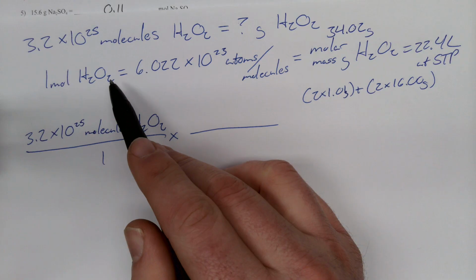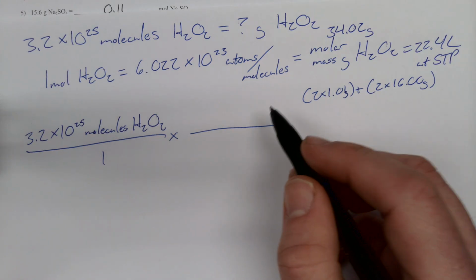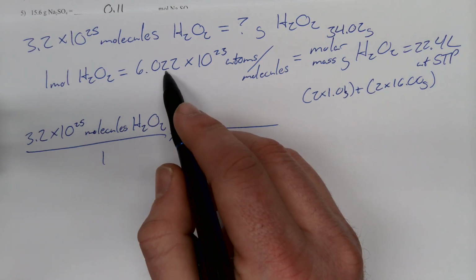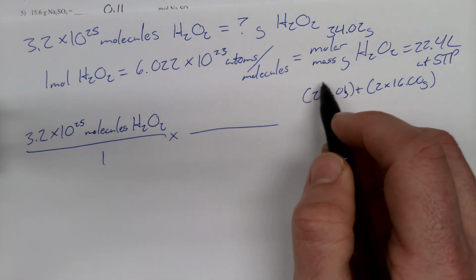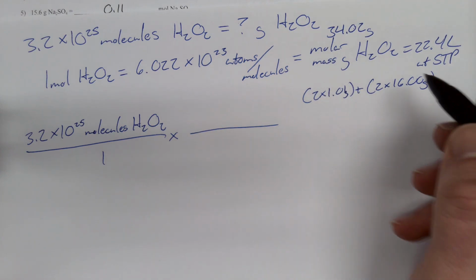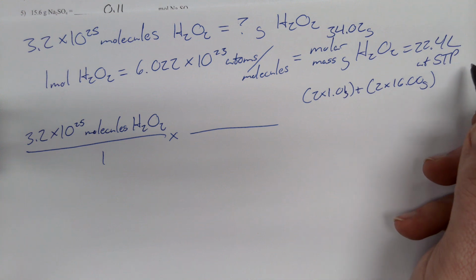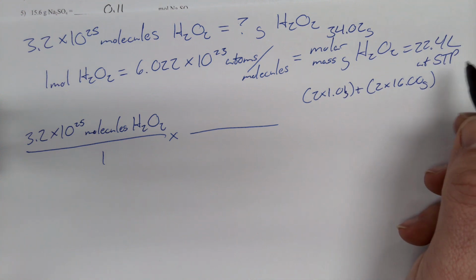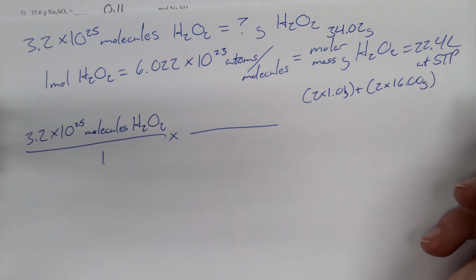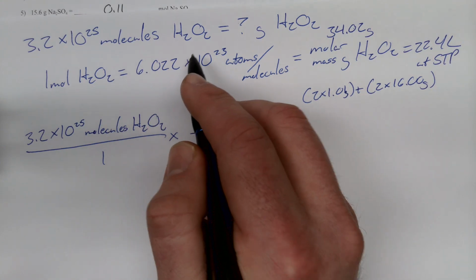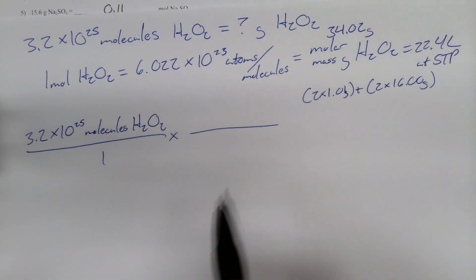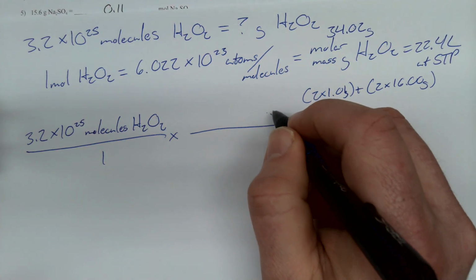Which equality am I going to use to get grams up top? 1 mole, 6.022 times 10 to the 23 atoms, the molar mass in grams, or the volume of the gas at standard temperature and pressure? Moles, atoms, grams, liters. Which one goes up top?